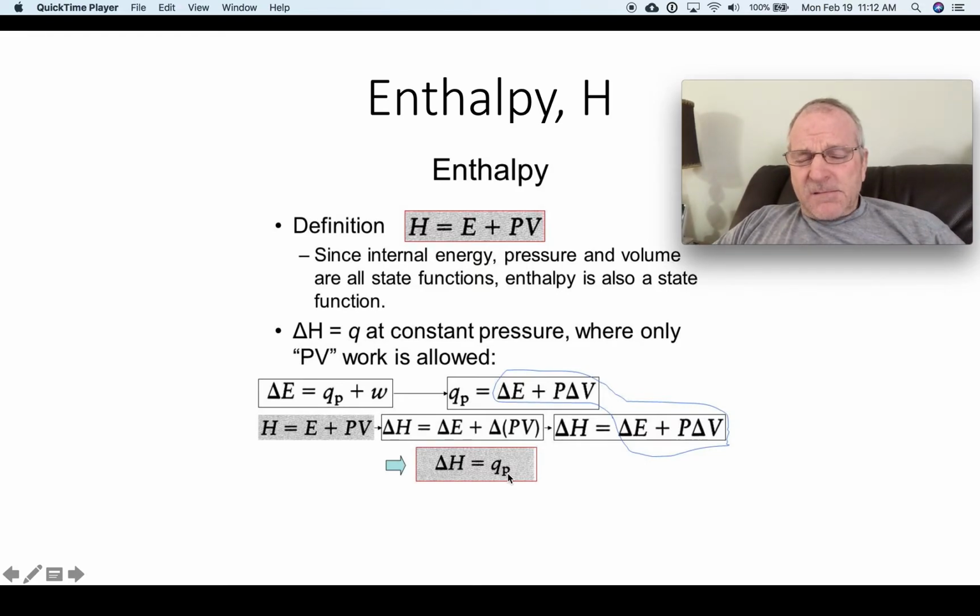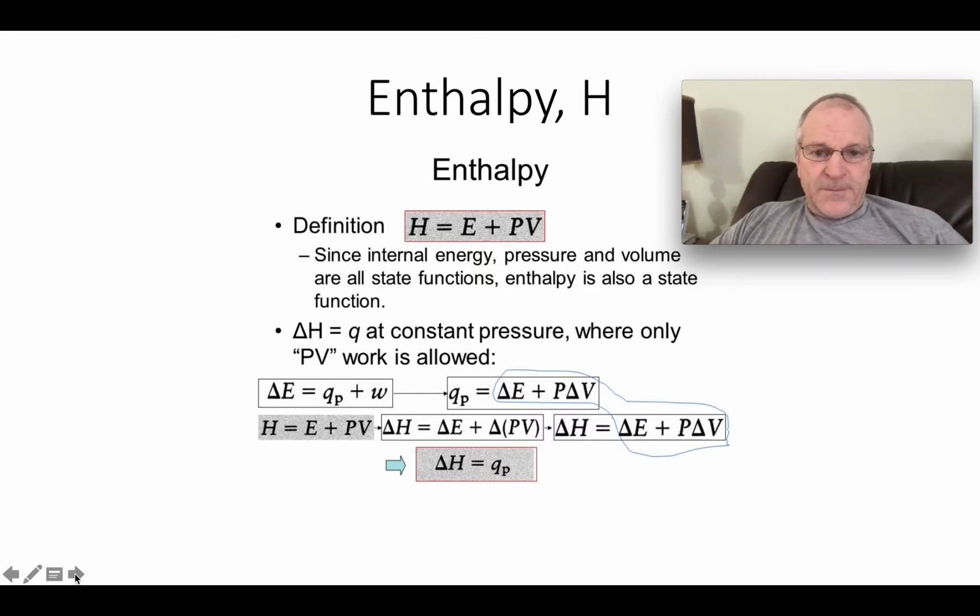And what that means is that enthalpy is the heat of reaction if the pressure is constant. Otherwise, it's that thing right there. Delta H is delta E plus P delta V, which is another deal. That P delta V is work. And we'll get into that a little later. We're just going to focus on enthalpy for a little while.